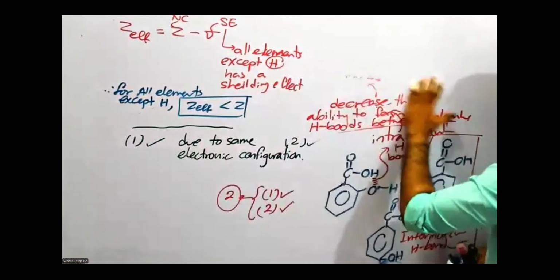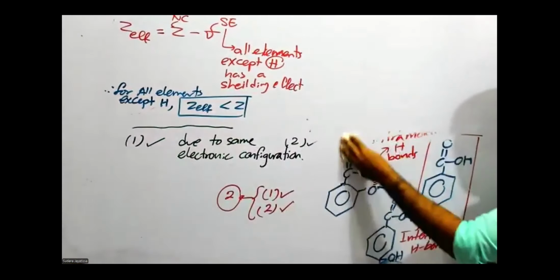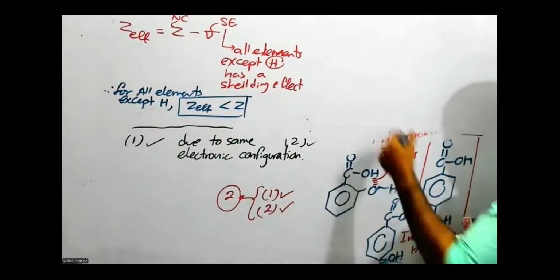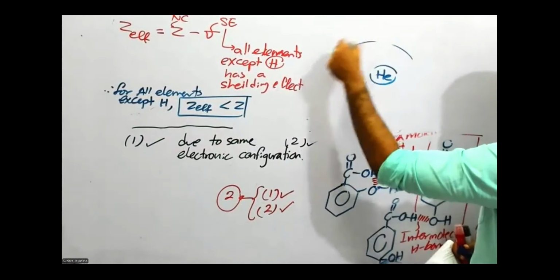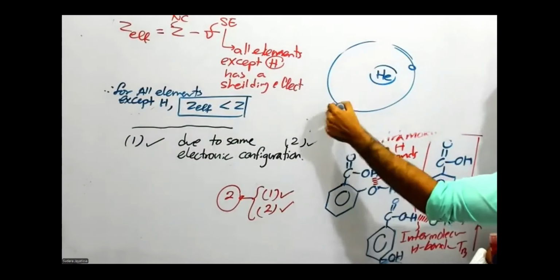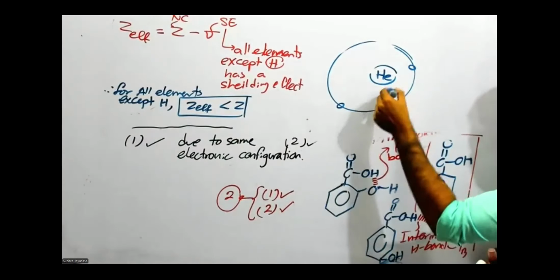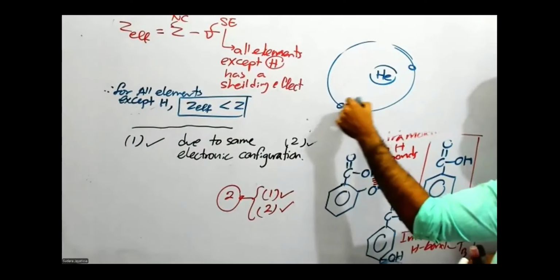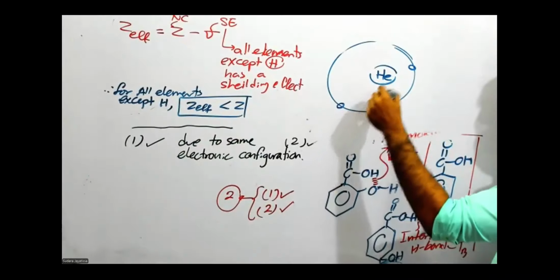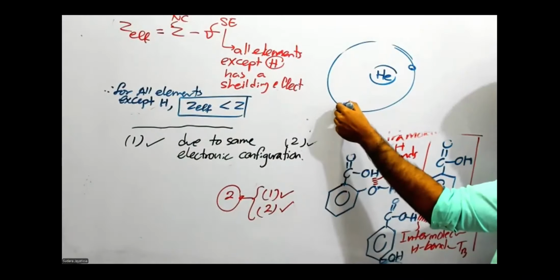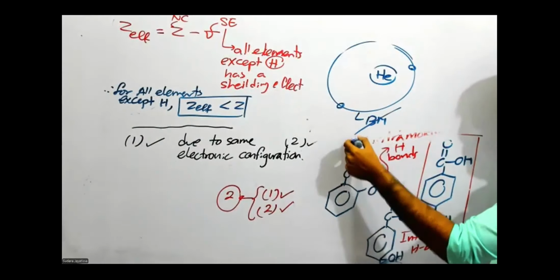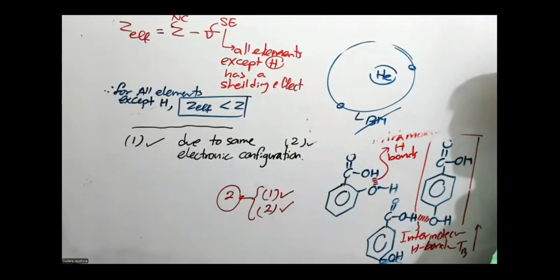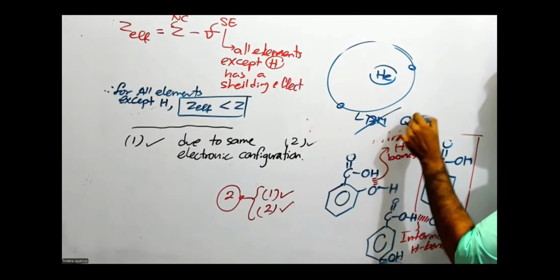So I'll explain how that shielding effect is coming. If you take the helium atom, this helium nucleus, there is only one energy level. According to this, if the electrons are moving like this, this electron can't shield the other one. But this is according to the Bohr model, which is not the one we are accepting now. What we are accepting now is the quantum atomic model.